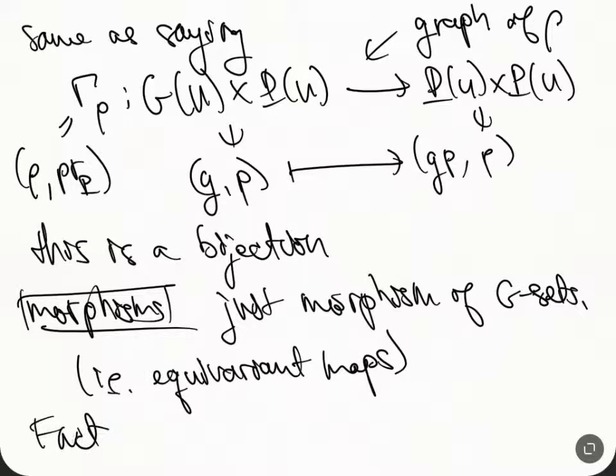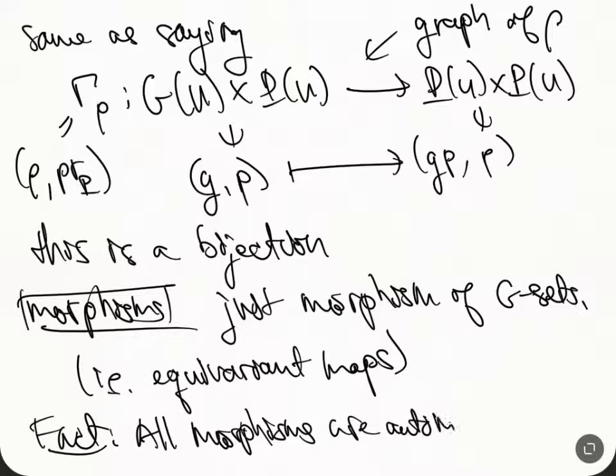The fact is that all morphisms are automatically isomorphisms.